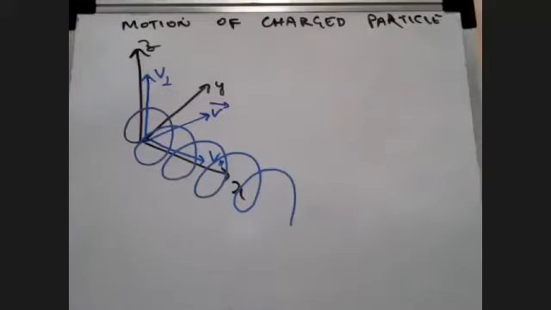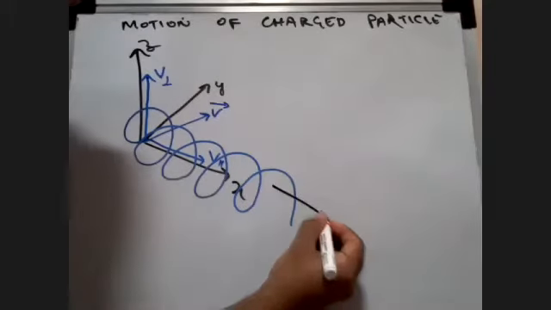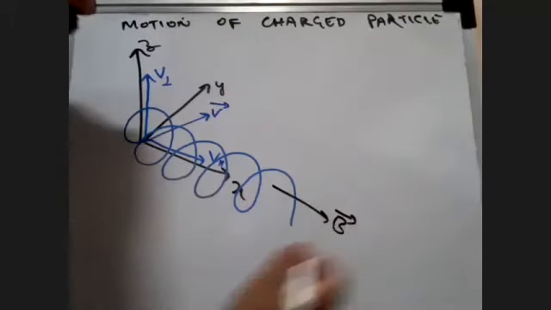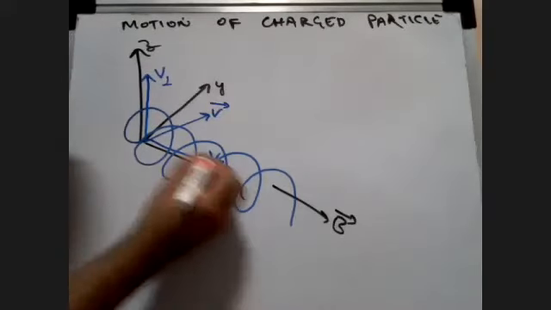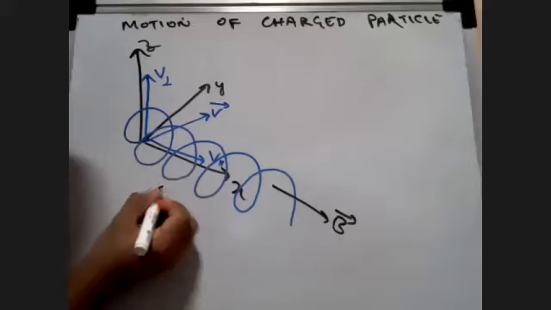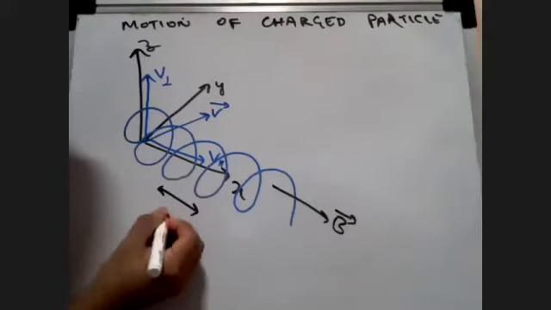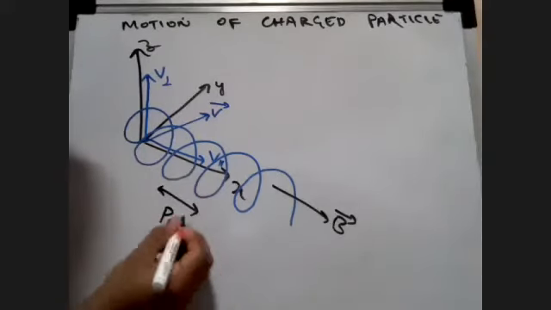In this case, you can see a helix right here, and I will mention that the magnetic field is in this direction, students. Then the distance between two rotations here is called the pitch. What is it called? It's called pitch.